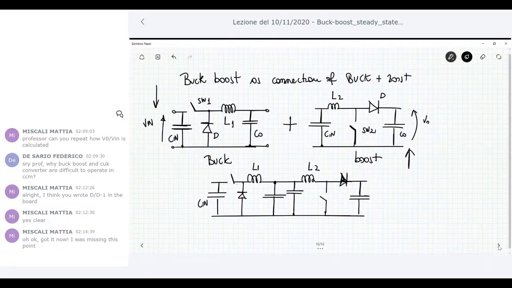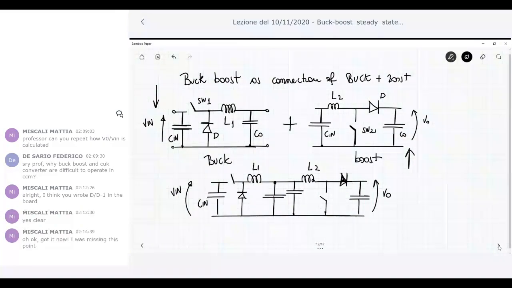I put exactly the two circuits in cascade. So I connected in this way. So we have V in here, V naught here.